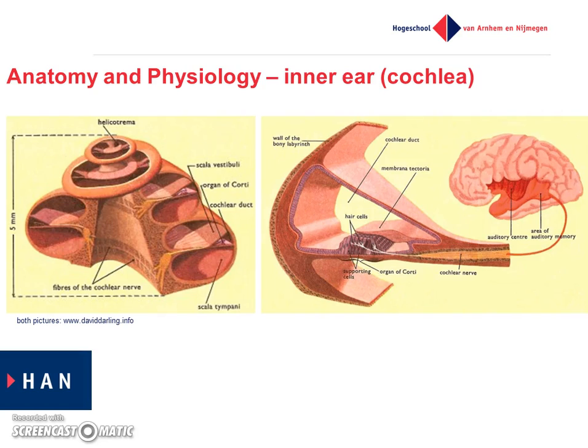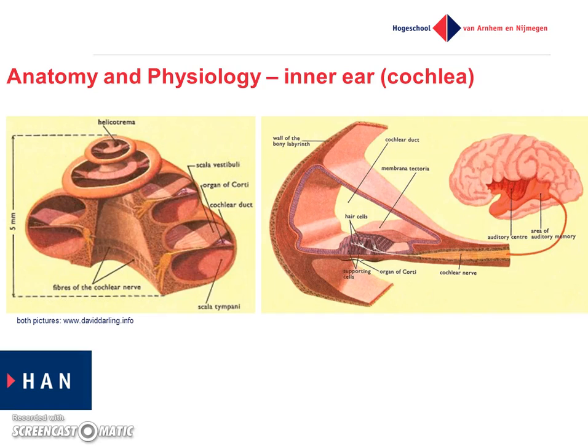So imagine that movement of the stapes makes movement of the oval window, and then for sure brings the fluid into motion. The fluid inside of the scala vestibuli and the scala tympani will make waves when the stapes pushes onto the oval window, because that's what happens with fluid. If you push on it, waves are boosted.